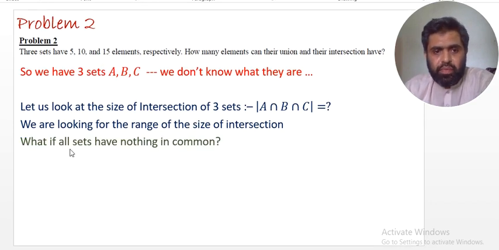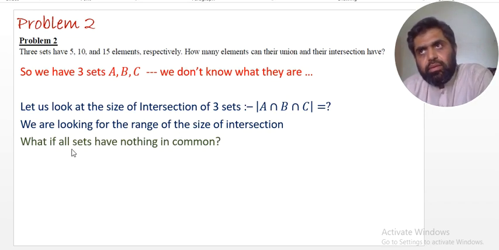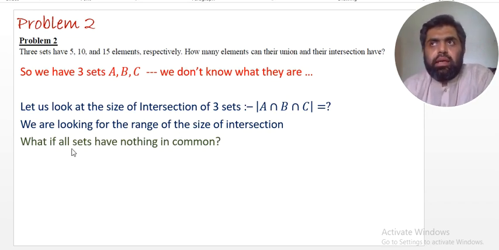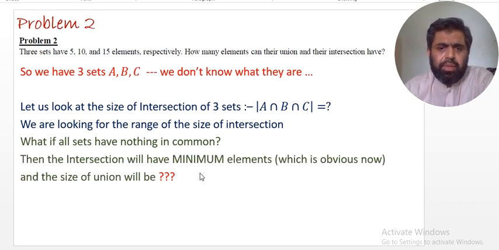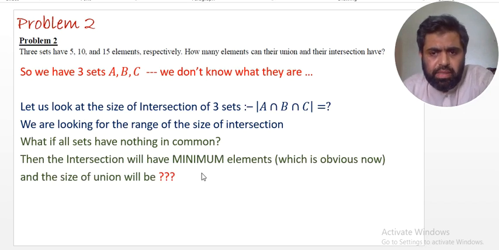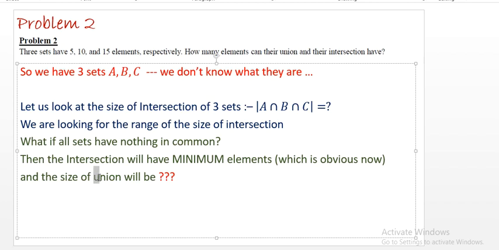So again, the first case, what if all sets have nothing in common? सबके अपने अपने यूनिक एलिमेंट्स हैं, कोई कॉमन एलिमेंट्स नहीं है. So the intersection will have minimum elements, and minimum elements mean you know the answer. So you can answer this thing.